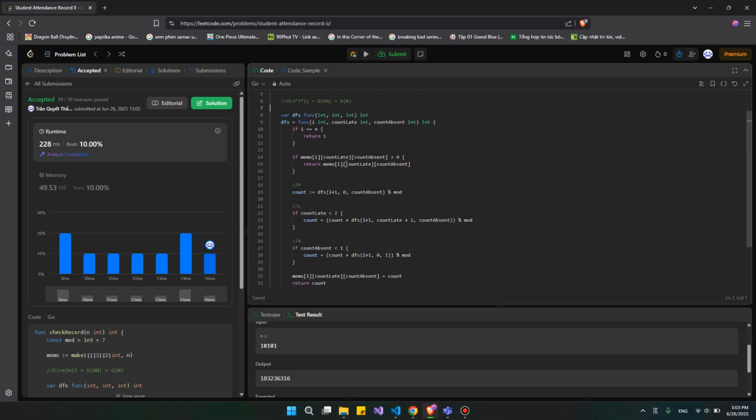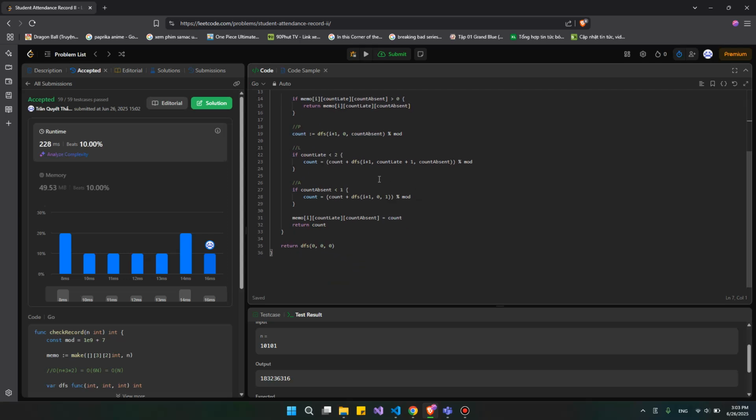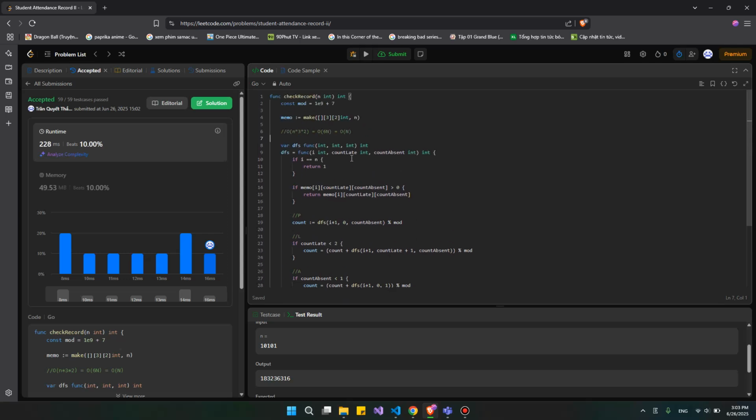We will use iteration to solve the problem. Can you do it? And we also don't need O(n) space complexity. We can solve it with only constant space.